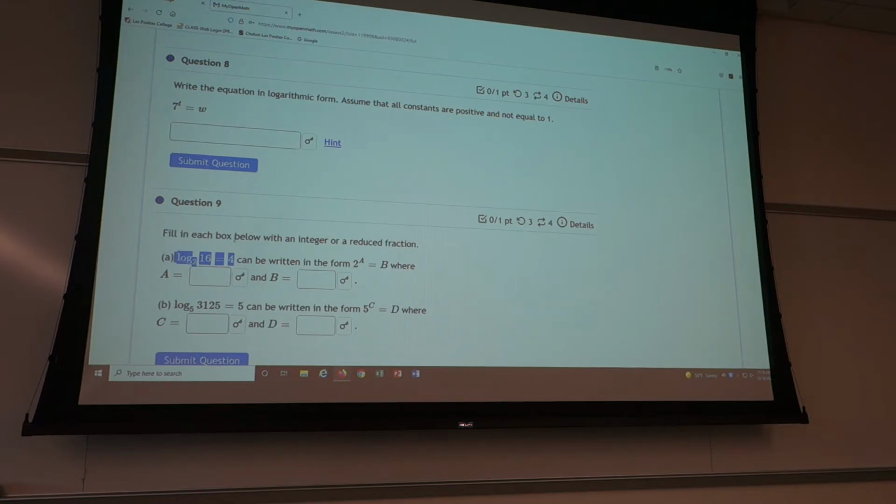So what would be the answer to 8? Log sub 7, the base is 7, so it's the tiny 7 below, and then the answer goes right next to it, equals the exponent.